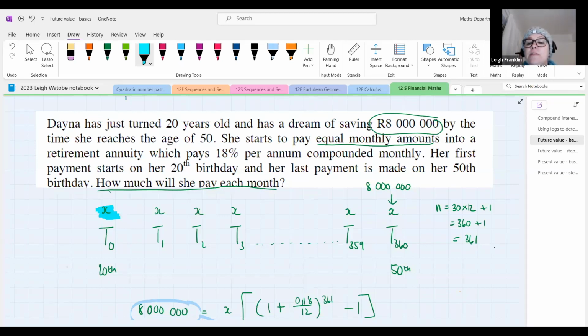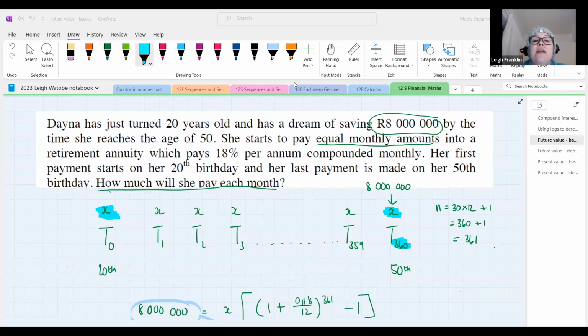If her last payment is made on her 50th birthday, that's why we have this last payment of X here at T360. And she continues to pay every single month throughout those 30 years. So in her first year, there are 13 payments, and then every year after that, there are 12 payments a year. I hope that makes things a little bit clearer.